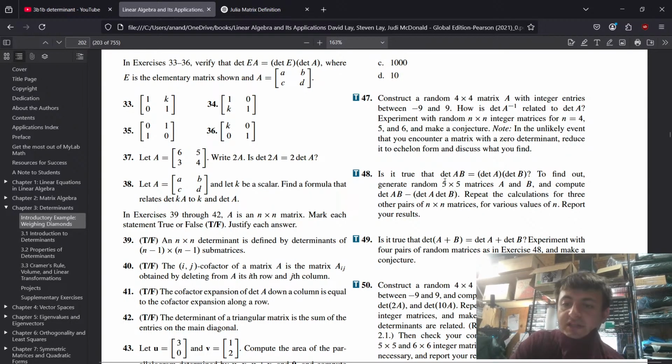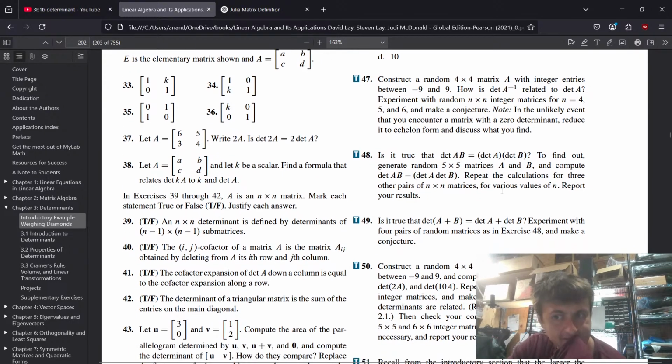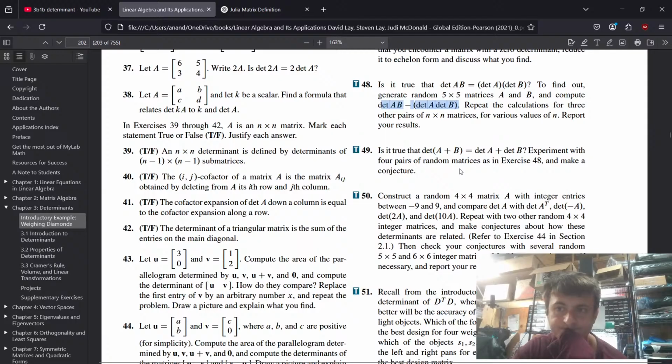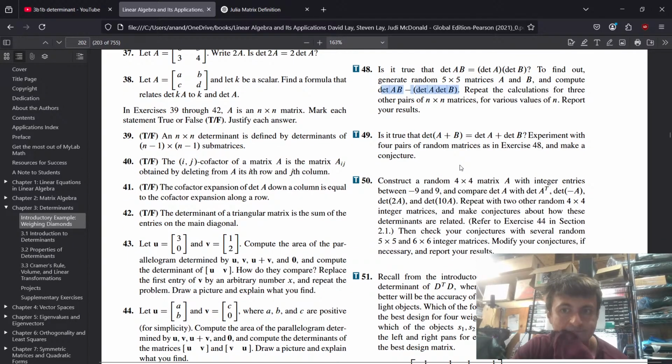Is it true that the det of the matrix product AB is equal to the det of A times the det of B? Yeah, that sounds fun. Ooh, 49.